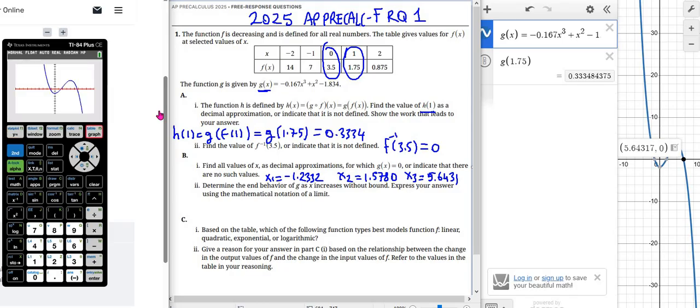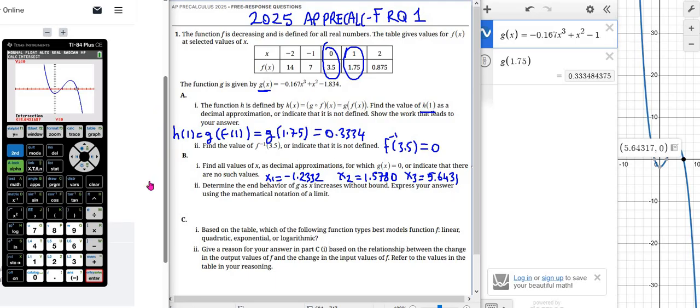Graph it, second, trace, number 5, which is intersect. You're very close to the third x-intercept. Just press enter 3 times, and then you get 5.6431 as we got here.